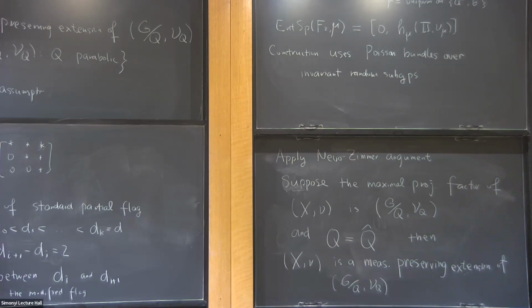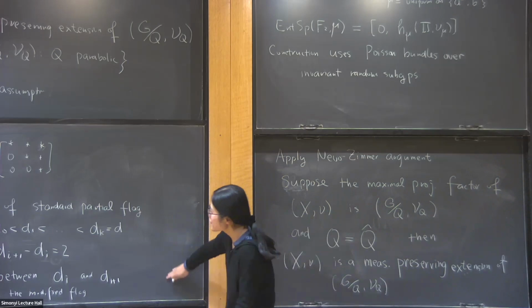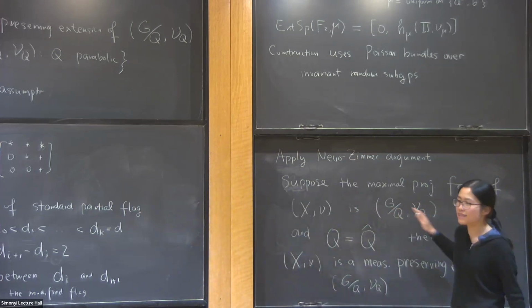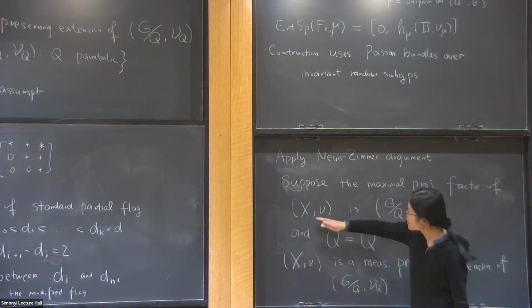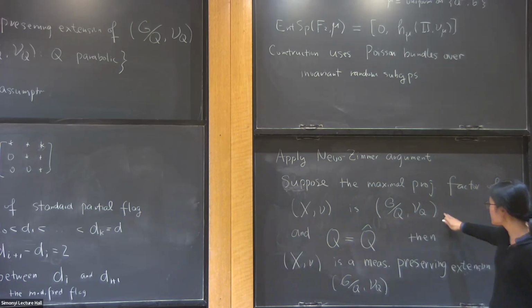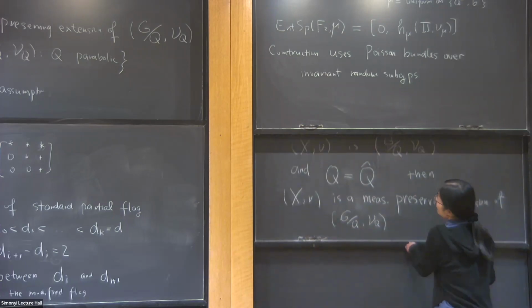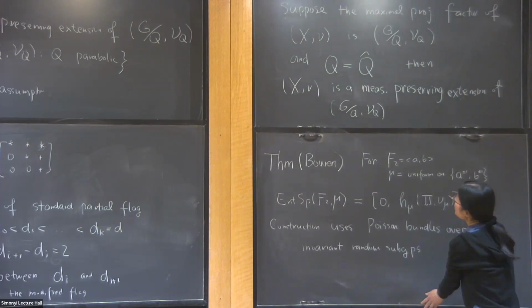Okay. So it tells you if you can't do anything to modify your Q in this manner, then in fact your entropies are the same. The Furstenberg entropy of the system is the same as that of the maximal projective factor. So this is the constraint essentially.